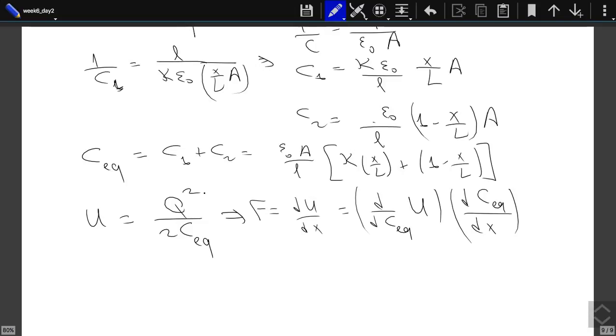Which is equal to minus Q squared over 2 equivalent capacitance squared.